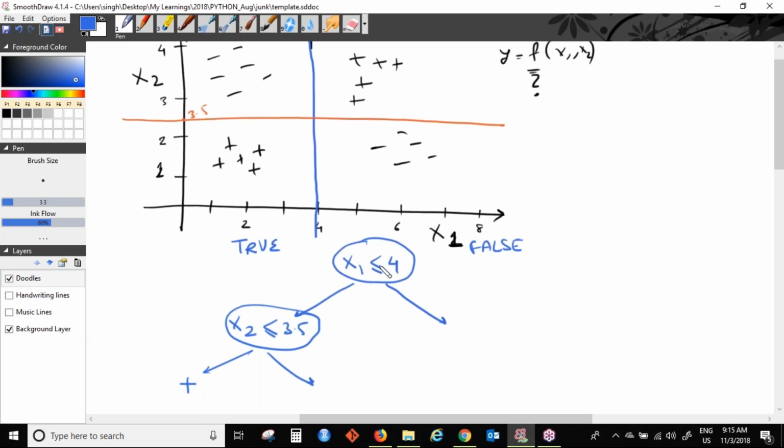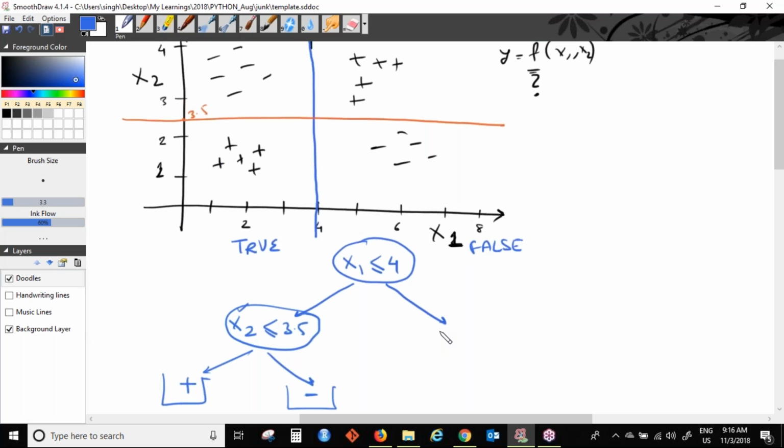Because I have already selected x1 is less than 4, which means this area, and inside this area I am further splitting it at 3.5, so I get this area only. This decision is on top of this decision because it is coming from the same branch. So it is a plus. Similarly, this one is a minus.